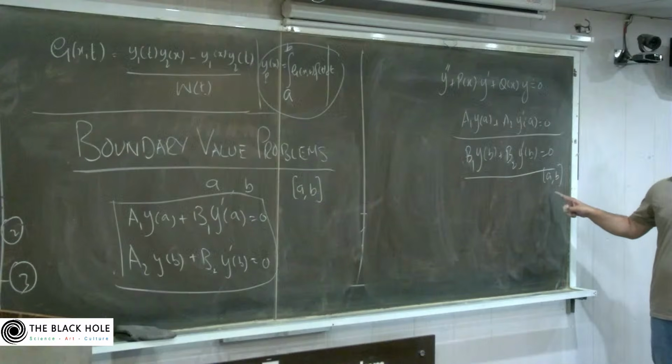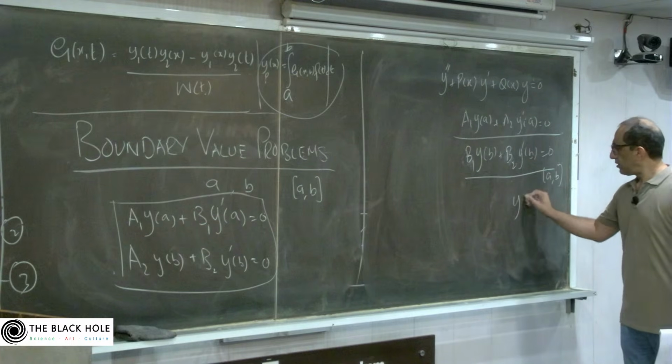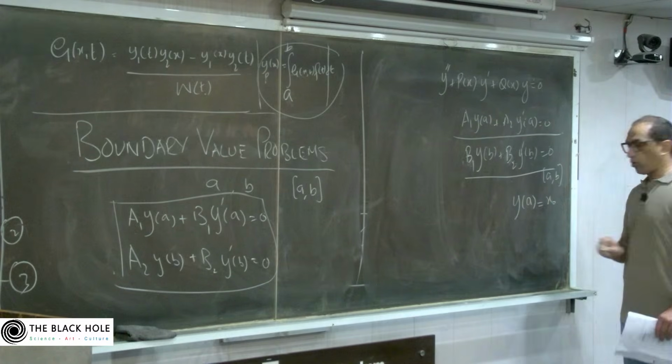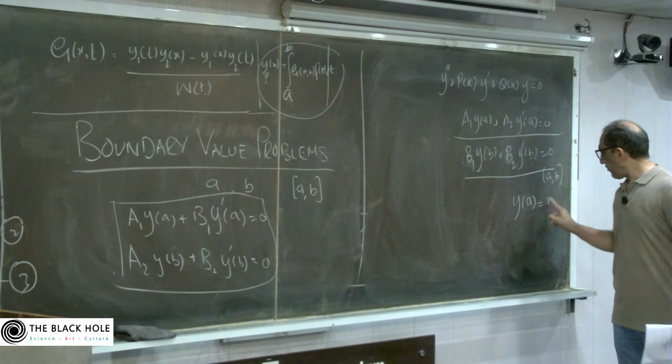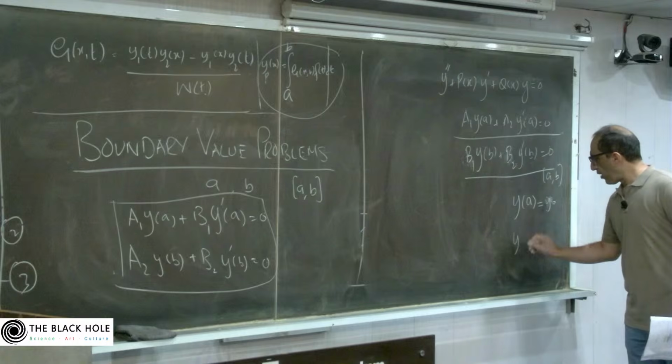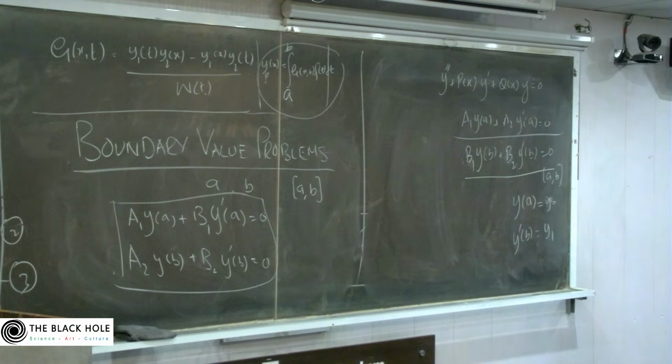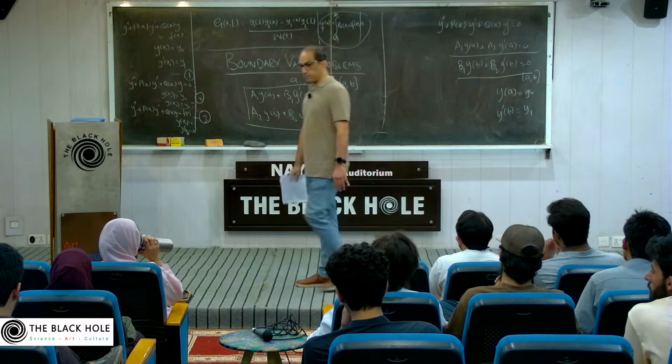Just a moment. The moment you define that y of a is equal to, let's say, y naught, and y dash of b is equal to y1, what do I need to do? I need to put this equal to 0, and this equal to 0. But when you write it that way, you give the impression as though there are 4 arbitrary constants.